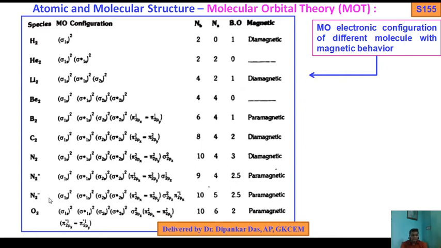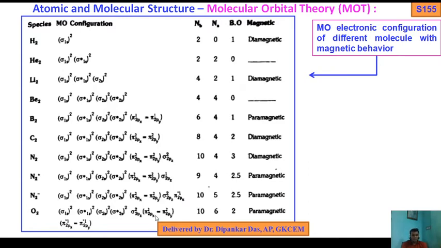Now N2 minus, that is, it accepts an electron. Where does it accept the electron? It accepts the electron in pi star 2px, so antibonding. So this is paramagnetic, with bond order 2.5.